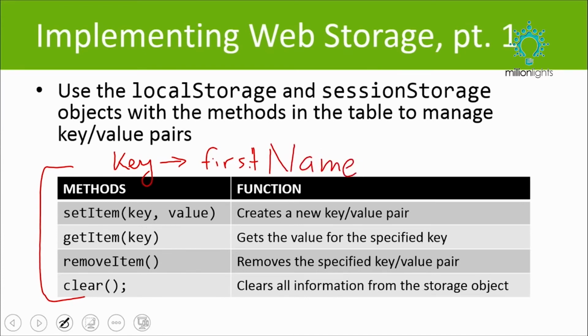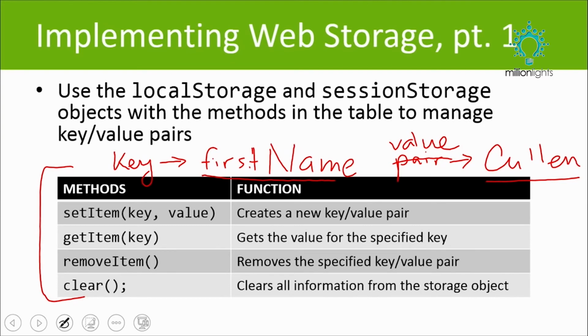And then a value, since my name's Cullen, I'll write my name here. So I've got the key, which is essentially a variable name, first name, and then the value that you would store in that variable, which would be Cullen, my first name.